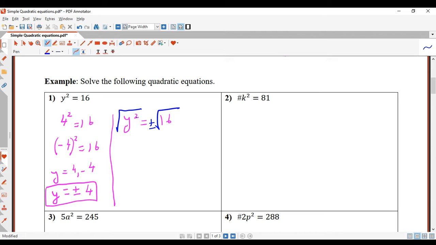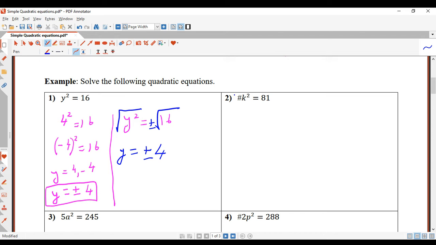Okay, now the square root undoes the power of 2, so you just get y equals. The plus and the minus sign have to remain there because we know there's two answers. And the square root of 16, you can put that into your calculator or just work it out mentally. That's just 4. So this here in the second column is a formal way of setting them out. So that's why we're going to be doing those.